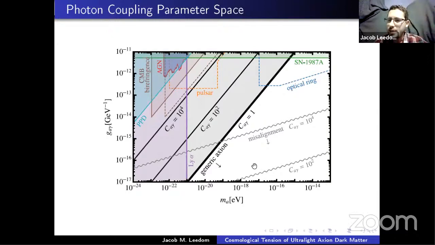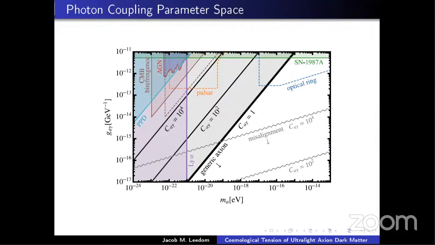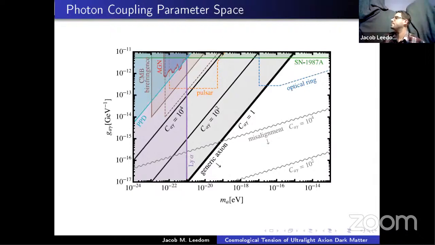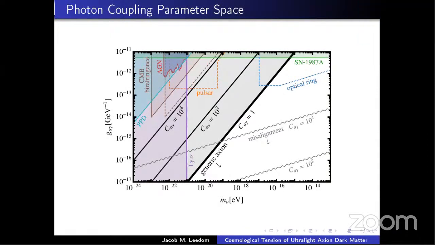It seems like you would be placing quite strong bounds. They've definitely seen something in Planck data at 2.4 sigma. So the question is, could that be an ALP? I don't know if it's ultralight or not, but you seem to be eating up some of their parameter space. Is that possible?